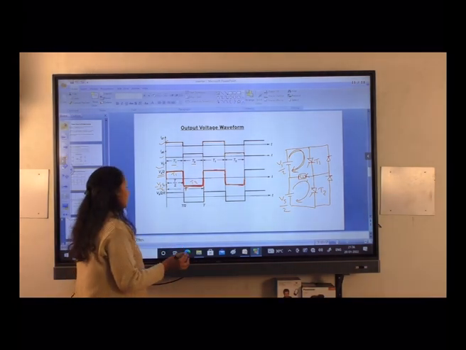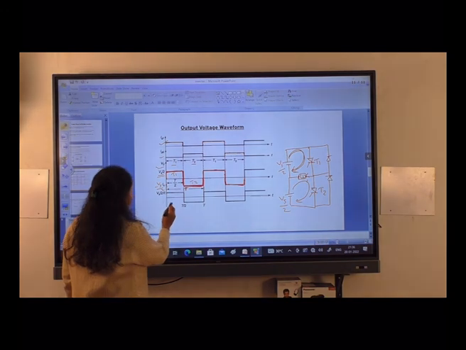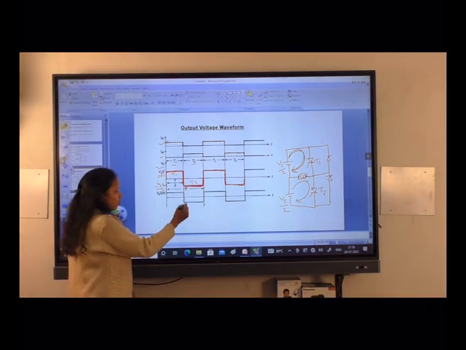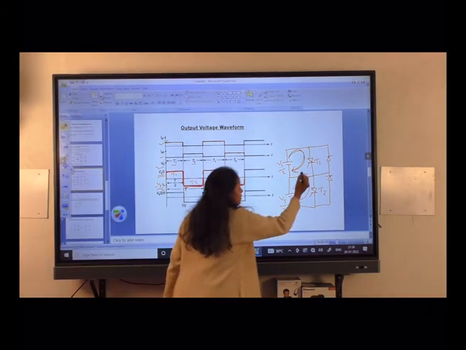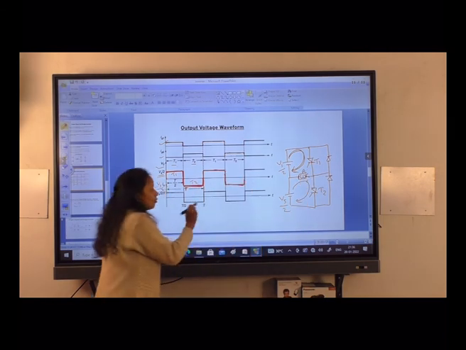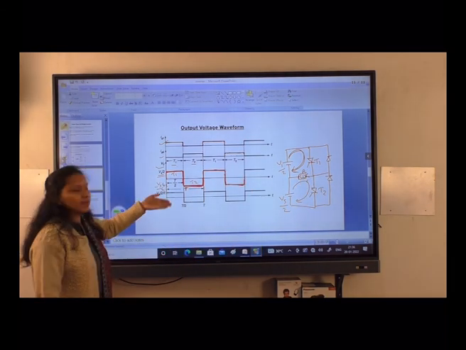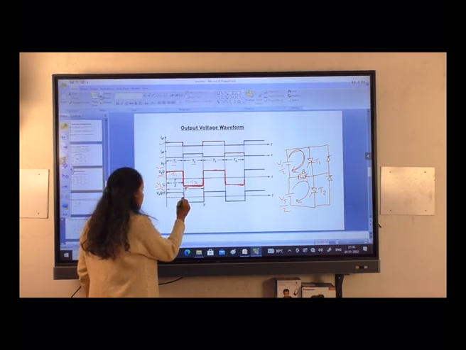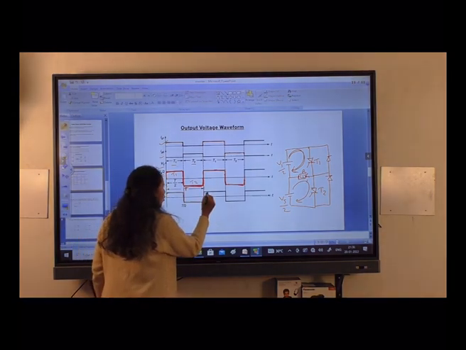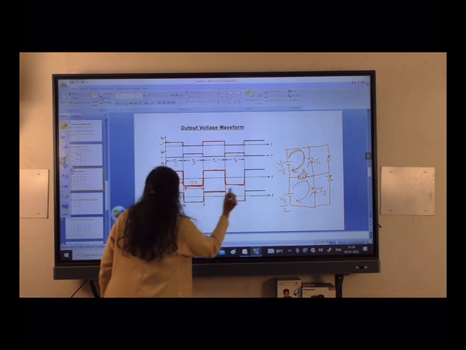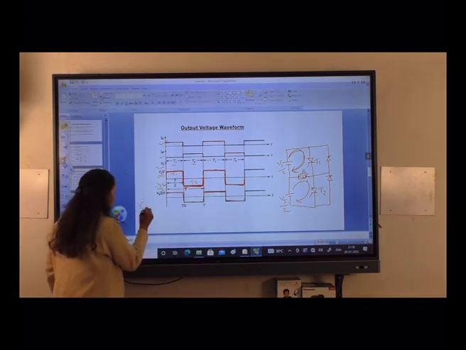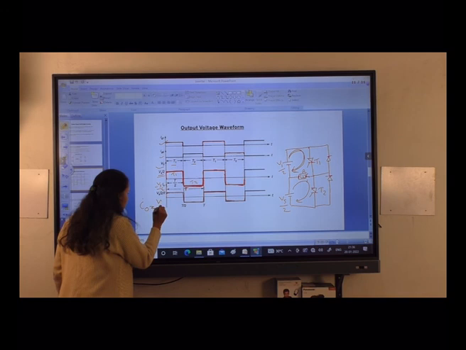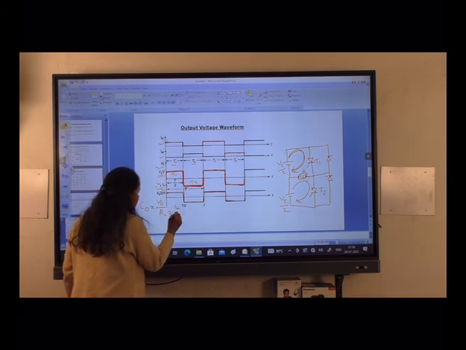This is the current I0 waveform. In case of a resistive load, our output current is in phase with the output voltage, so the output current waveform is similar to the output voltage. Output current I0 is simply V0 by R, which equals Vs by 2R.